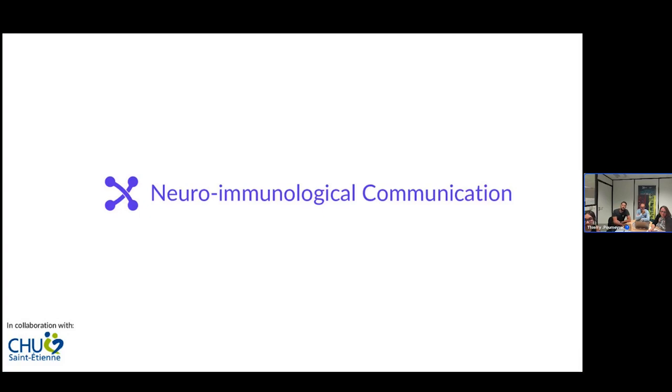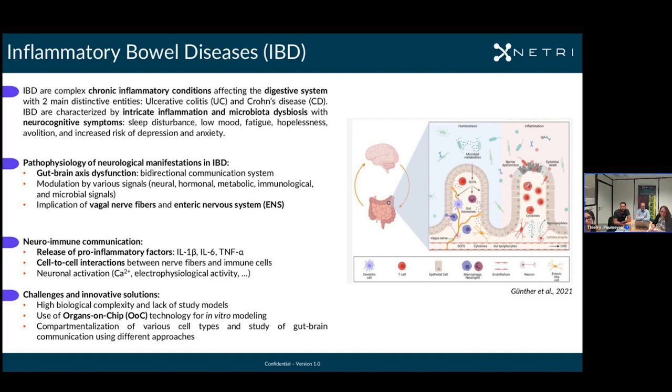Now let's jump into something else, the neuro-immunological communication part. The work I'm going to show you now has been done in collaboration with the University Hospital of Saint-Étienne in France. Everything I'm going to show you has been published, and you will have the reference of the paper in the coming slides if you want to go more in depth.